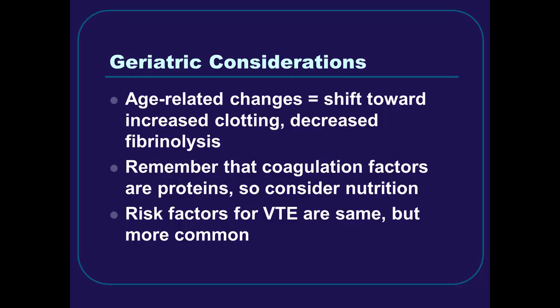Other things to consider, remember the coagulation factors are proteins, and this is true at all ages, not just at geriatrics. So consider nutrition, protein calorie nutrition. Think about liver function because that's where we make many of our coagulation factors. Think about what's going on throughout the entire organism. Again, regardless of age, the risk factors for venous thromboembolic disease are the same, but they become more common as we get older.